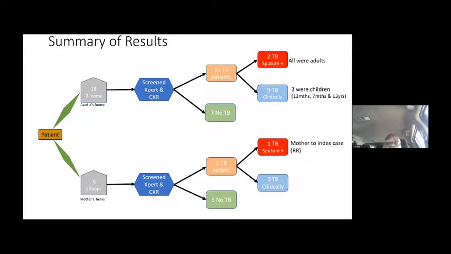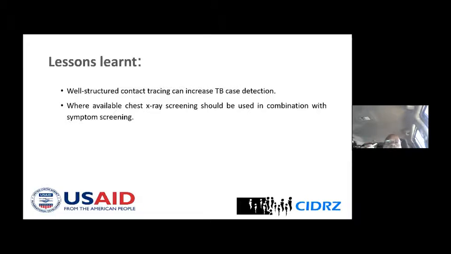So the lesson we are learning from there is that we need to have a well-structured contact tracing, especially if you have a patient whose adherence is not very good. We can do a well-structured contact tracing where we can also use a chest X-ray combined with sputum examination. That way, I think it can be very helpful in detecting the TB patients.